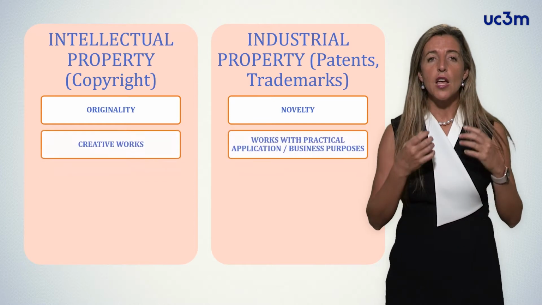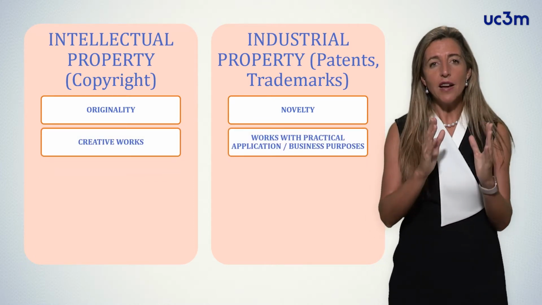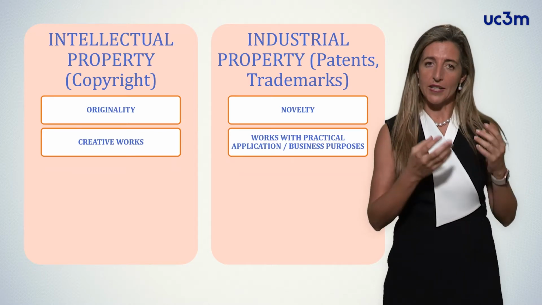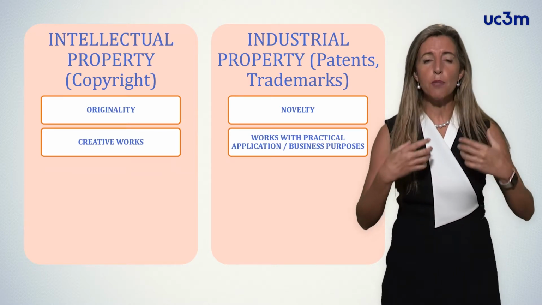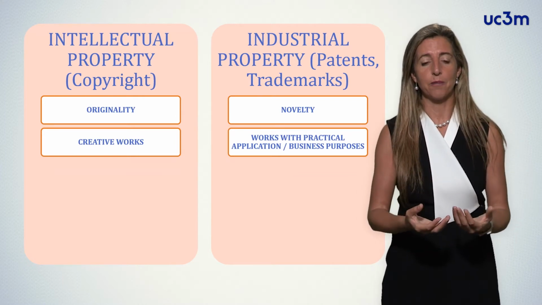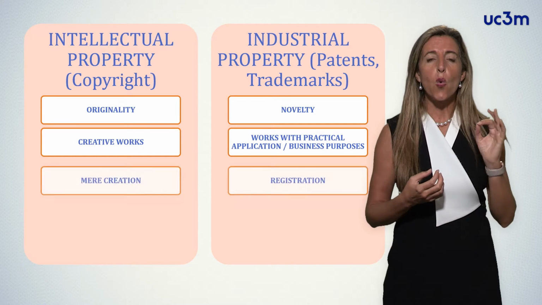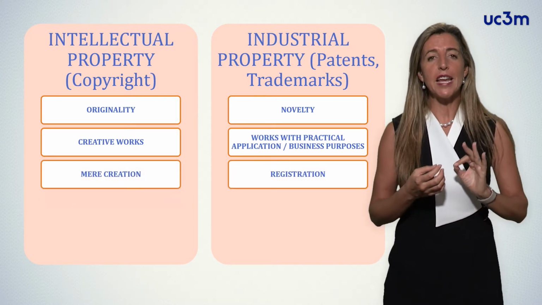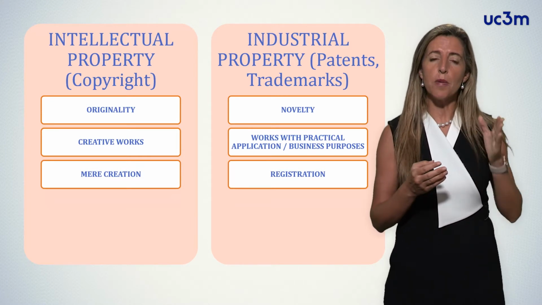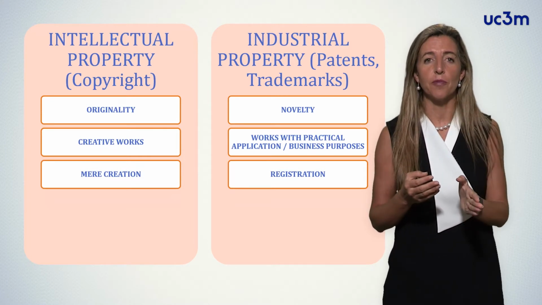Secondly, intellectual property is designed to protect and promote creative works, whereas industrial property is essentially protecting applications to business activities. Third, the protection provided by intellectual property tools starts with the mere act of creation.